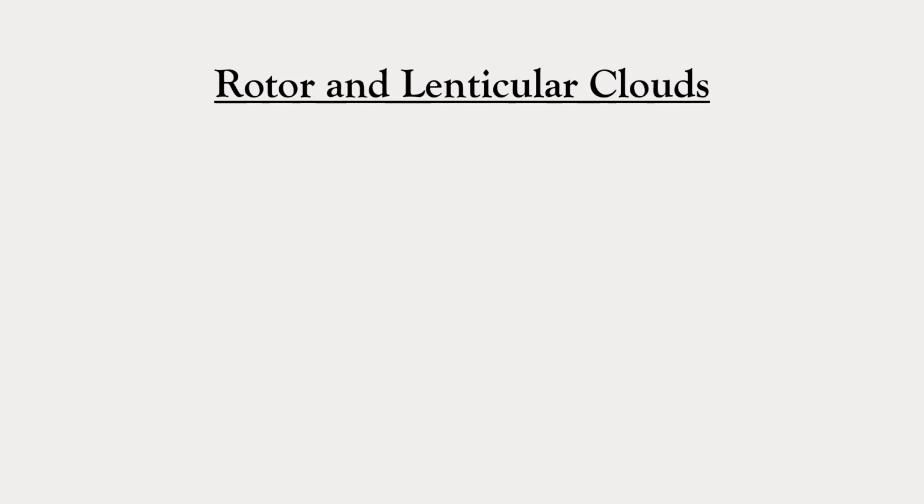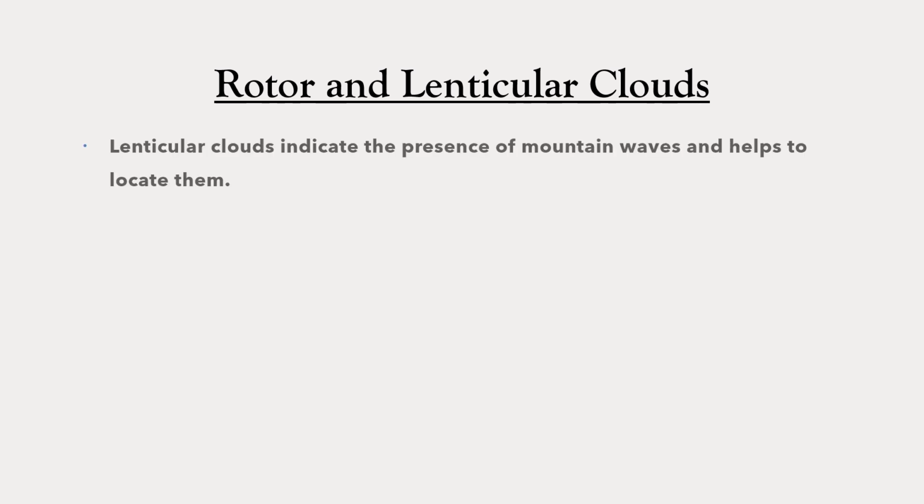The types of clouds that you'll encounter during wave soaring are called rotor clouds and lenticular clouds. Lenticular clouds are lens shaped, with an uneven bottom, and they help you find where the wave is.